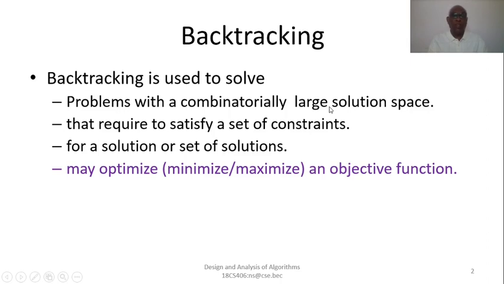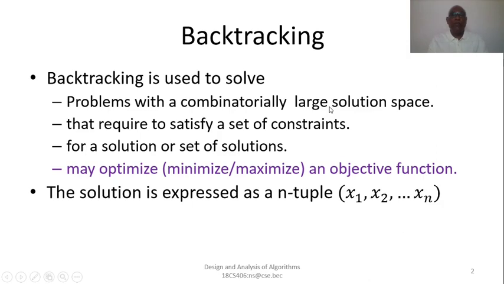However, in this lecture, we limit ourselves to problems which have a large solution space, which satisfy a set of constraints, and which may have one solution or more than one solution. We do not address problems with maximization or minimization of an objective function.